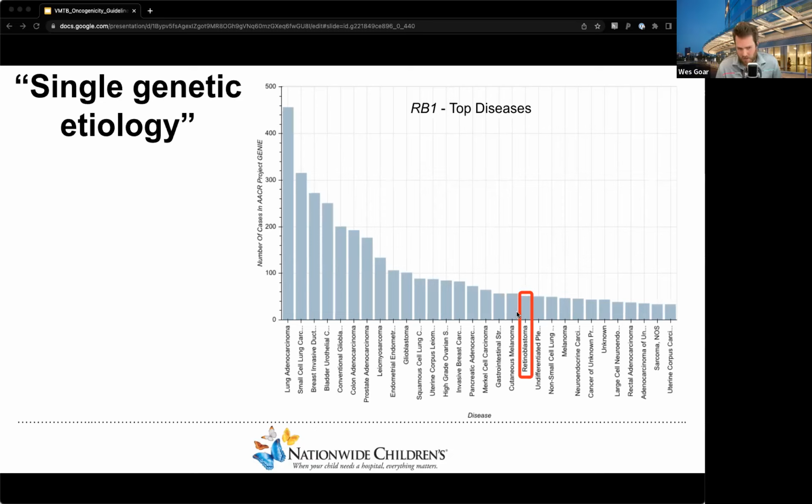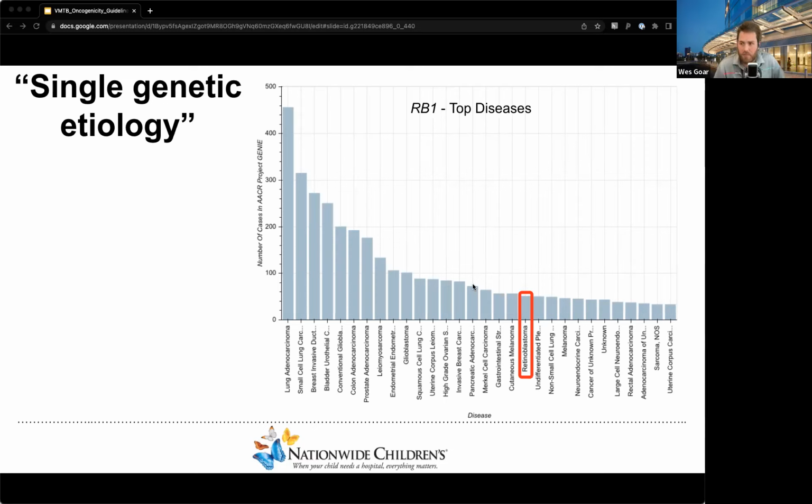And with retinoblastoma being a fairly rare form of cancer, how often is this code actually going to be applied? And should we consider figuring out some kind of threshold or frequency for being able to say, look, a variant in this gene has been implicated or seen in this cancer X percentage of the time? And this is another thing that we want to talk about and come to some community guidance on.